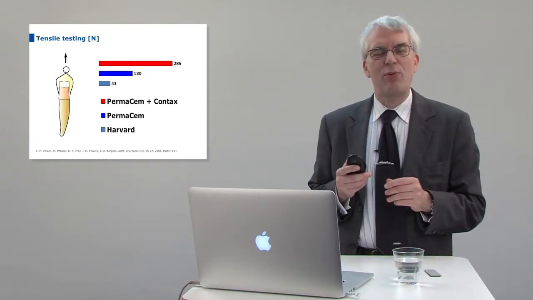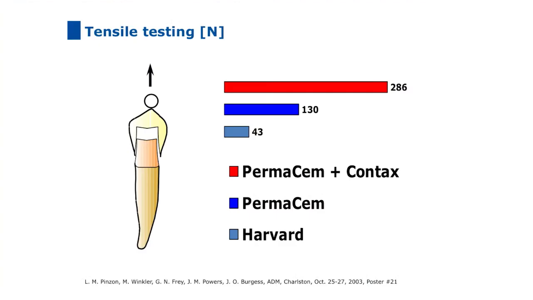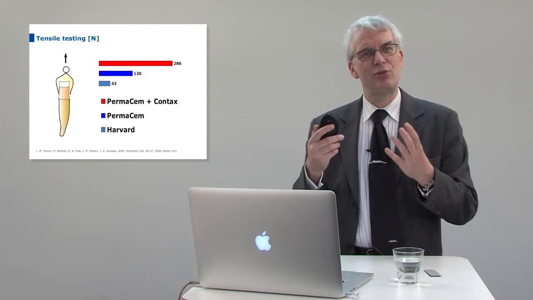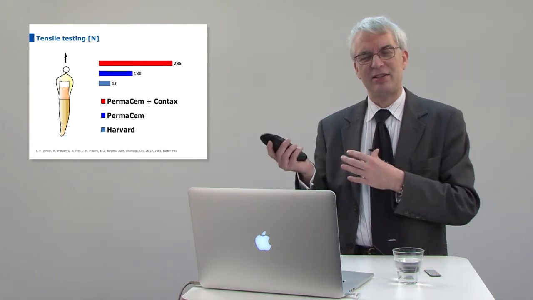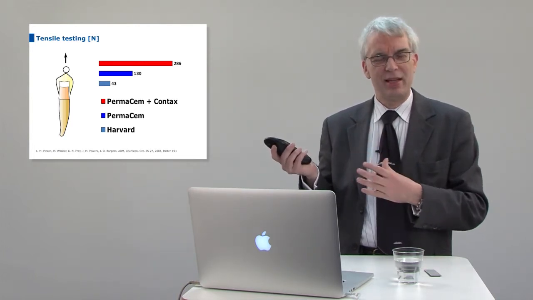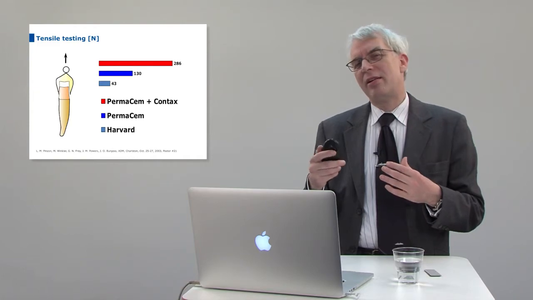And the results were quite striking and stunning. First of all, even without a bonding agent, Permacem had 3 times as much adhesion to the tooth structure as did Harvard cement. And the second part, you could even double this figure by using a bonding agent.